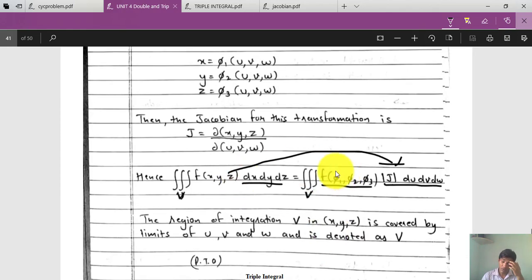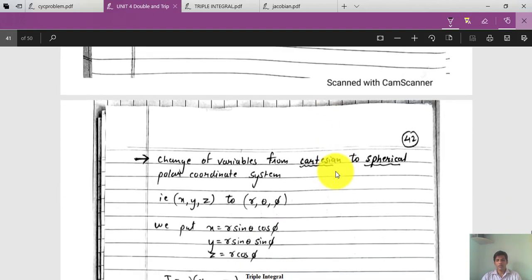That is the reason you should know the double integral first. This is important.